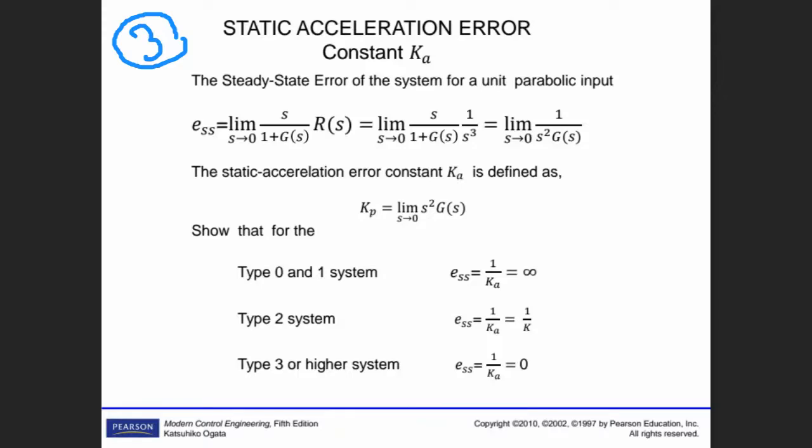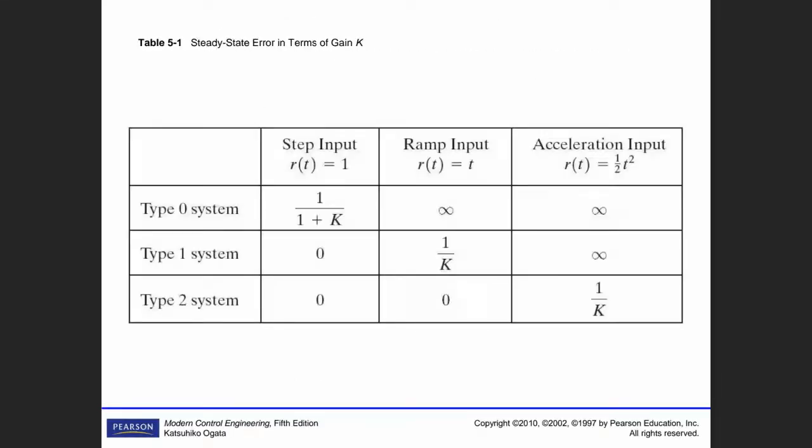So in order to simplify, in their mind probably, they give that chart. That chart is easy. For step input, type 0, type 1, type 2 system, errors can clearly be seen.